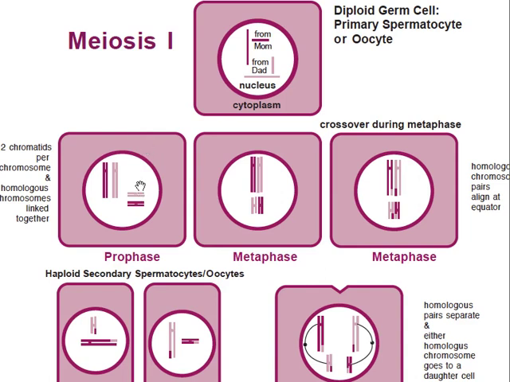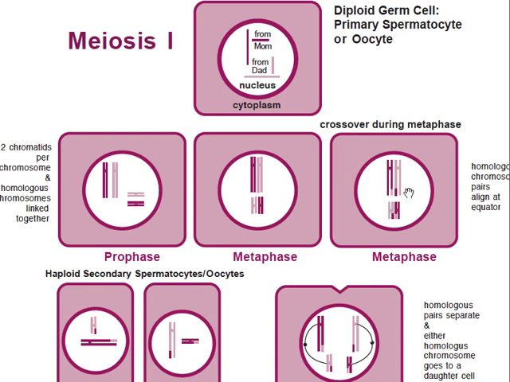Here we see that during metaphase, they line up at the equator of the cell in pairs. So instead of lining up individually like they do in mitosis, they line up in pairs during meiosis. And because they are paired, it's possible and common for there to be crossover in the sense that maternal and paternal chromosomes will exchange DNA.